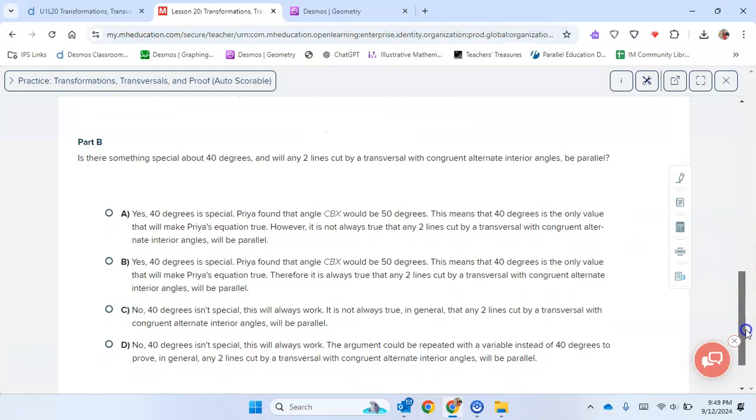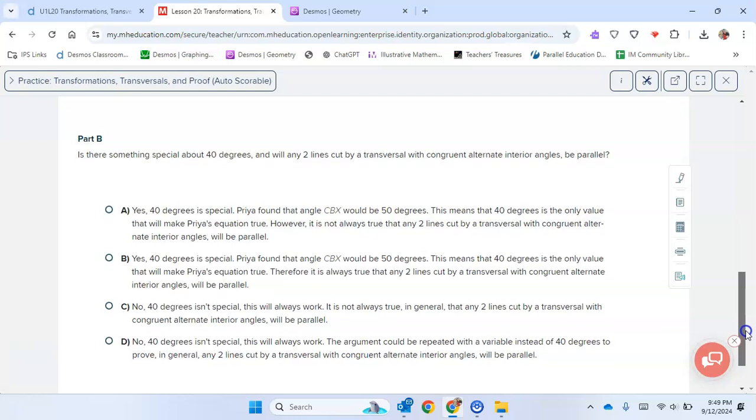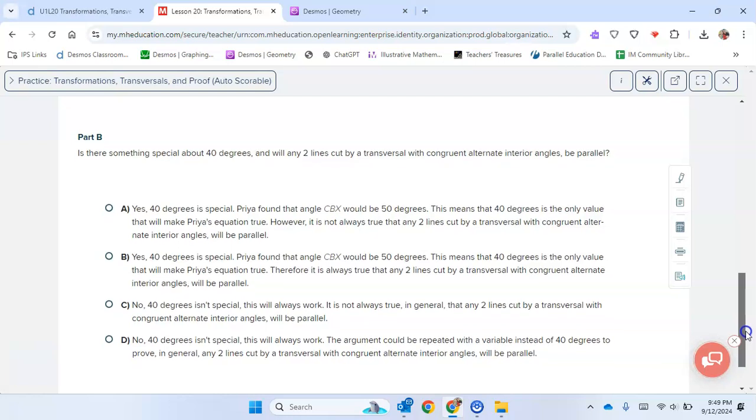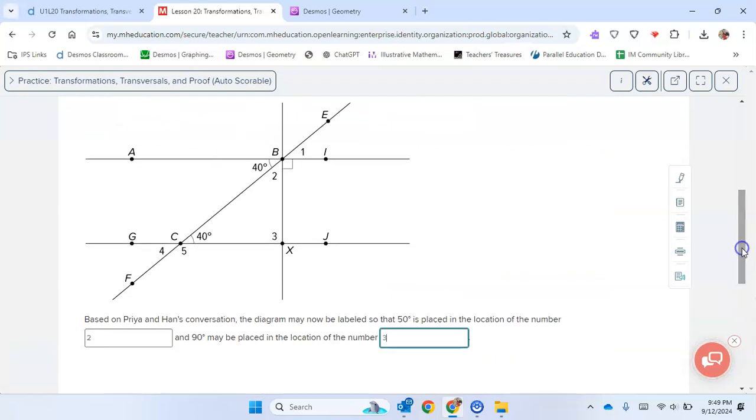Is there something special about 40 degrees, and will any two lines cut by a transversal with congruent alternate interior angles be parallel? There is nothing special about the 40 degrees. If that wasn't 40, it could be 50, and that would make angle 2 be 40, and angle 3 would still be 90.